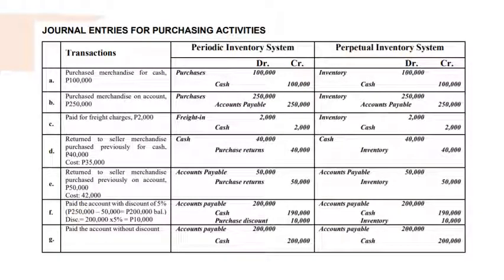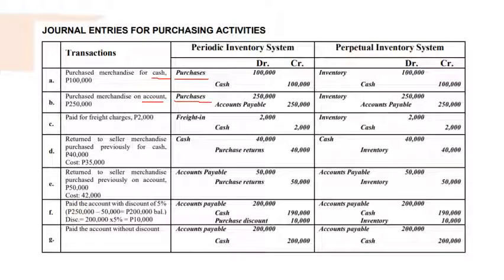Now let's go to the journal entries for the purchasing activities. We have here the columns under the periodic inventory system and the column for the perpetual inventory system. Let's go first to the purchases. Every time we purchase under the periodic inventory system, regardless of the consideration, whether it's for cash or on account, our debit will always be purchases.